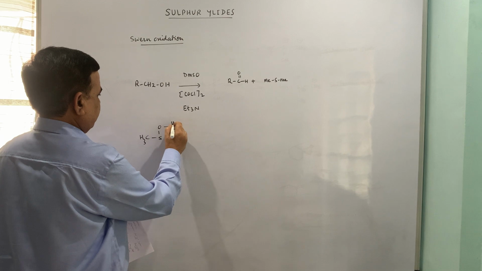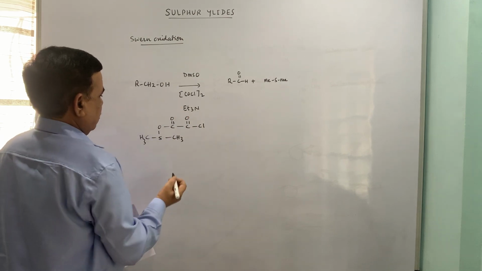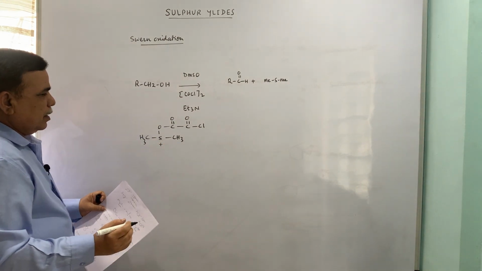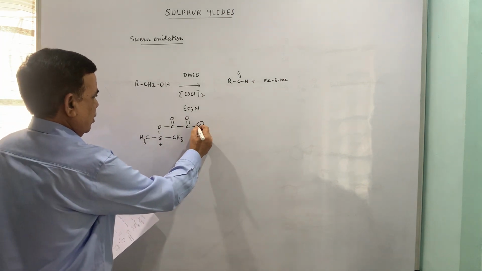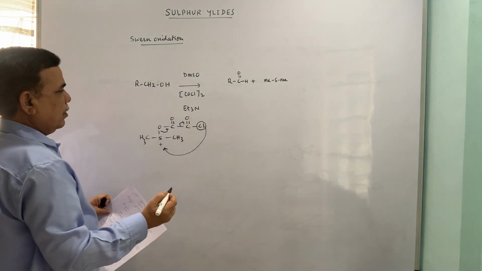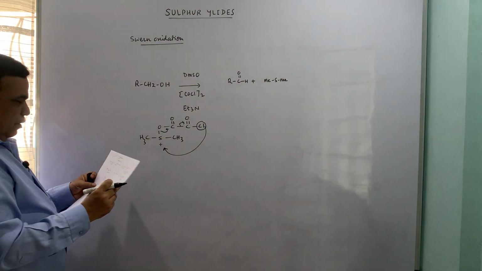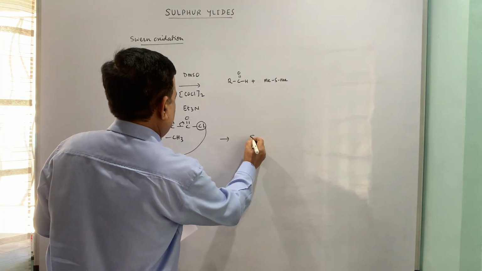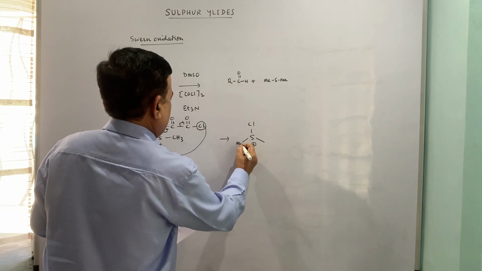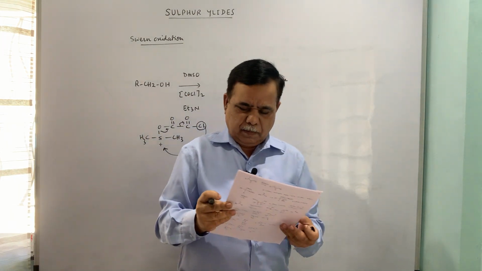Now this becomes plus, then this comes back as an E1 type reaction, this goes off. So loss of CO2 and loss of carbon monoxide will eventually give you the salt.